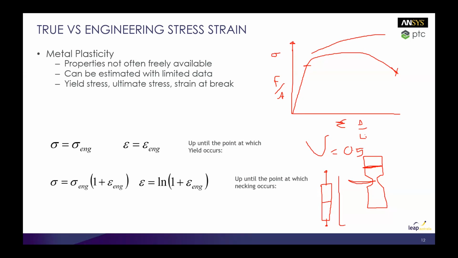We're measuring the change in length, so we can effectively calculate the change in area. I won't go through all the mathematics, but it pops out that true strain is the natural log of 1 plus engineering strain, and true stress is engineering stress times 1 plus engineering strain.